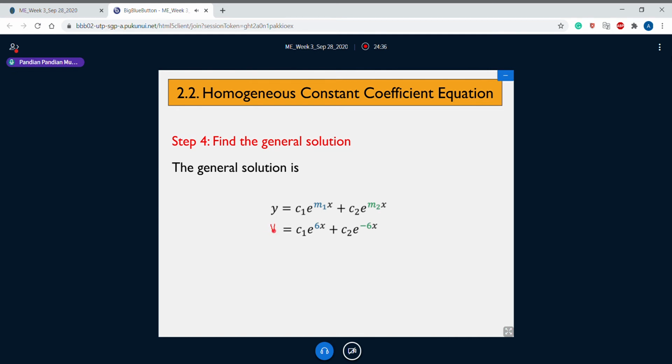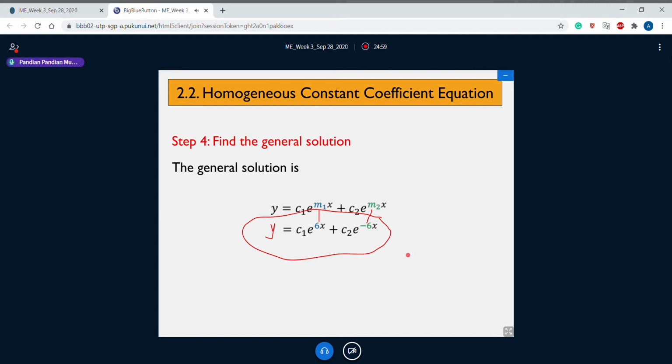This is your y, yeah? M1 is 6, so you substitute m1 as 6, C1 e to the power 6x plus C2 with m2 as minus 6, so C2 e to the power minus 6x. So this is the solution for your y.